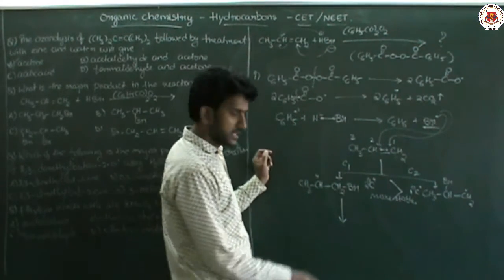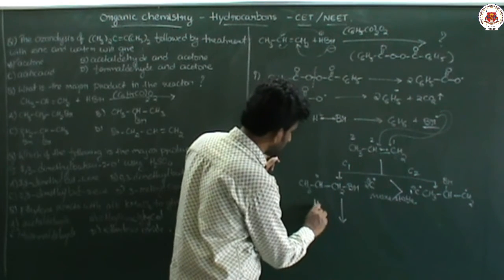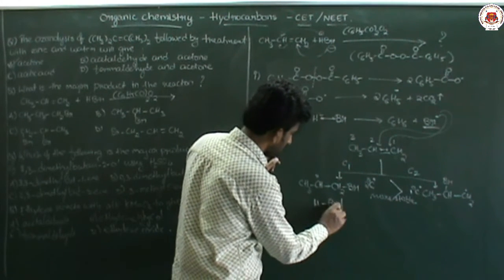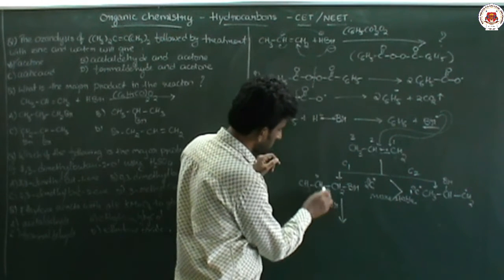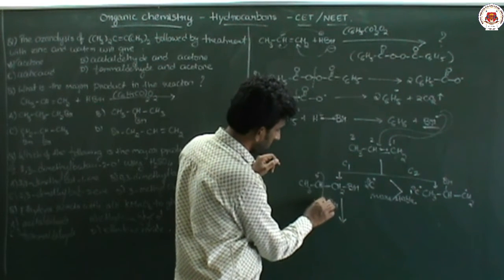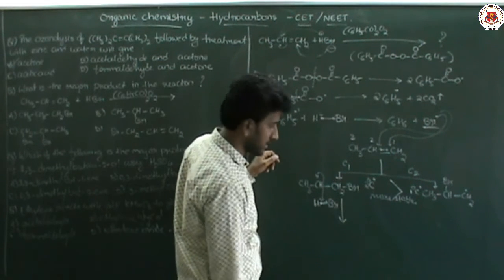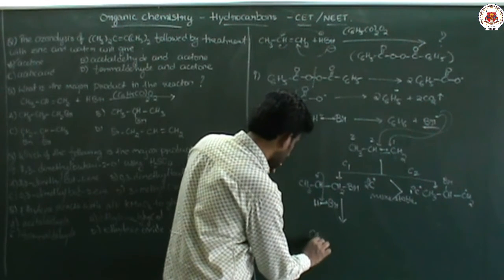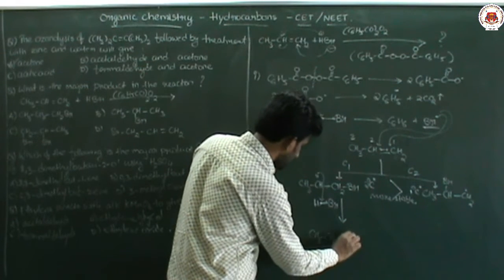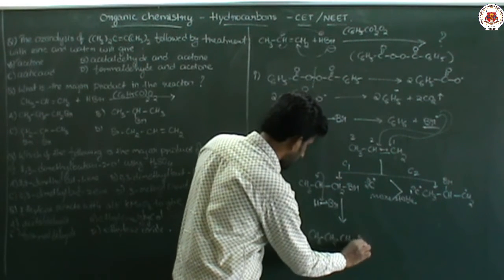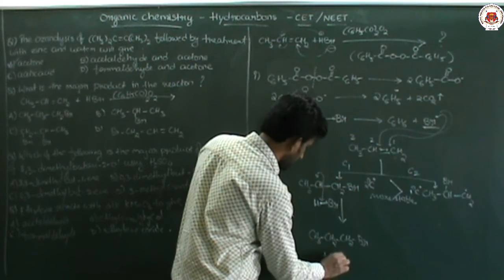Afterwards, what happens? This free radical can again react with one HBr molecule, so that this one electron reacts with one H radical, and the remaining Br radical is removed. That is CH3, CH2, CH2, Br plus Br radical.